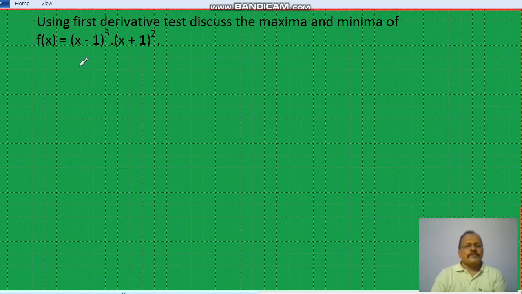The next problem is using first derivative test, discuss the maxima and minima of f(x) is equal to (x minus 1) bracket cube into (x plus 1) bracket square.